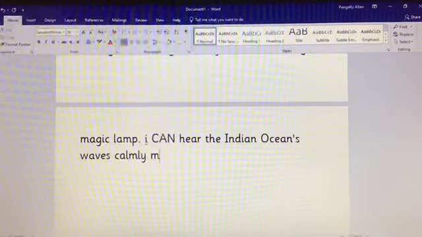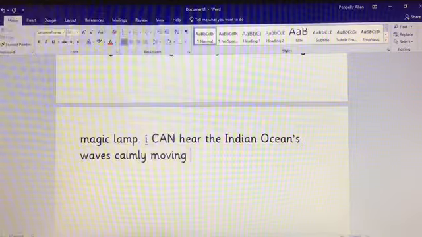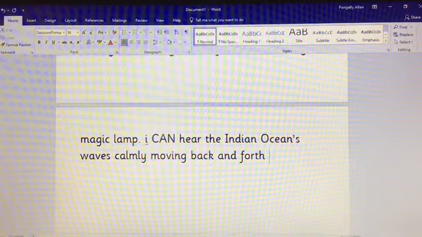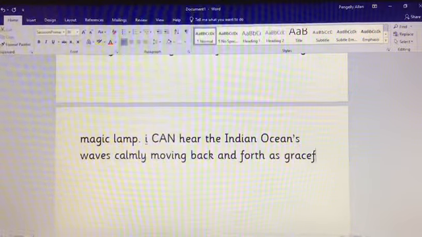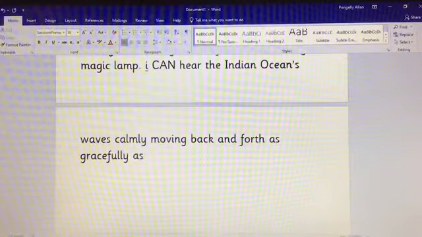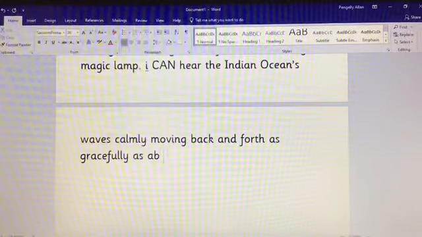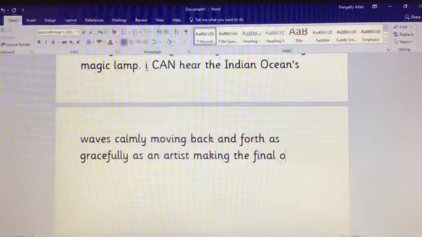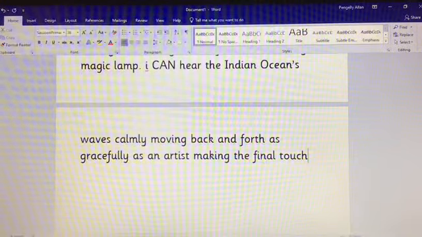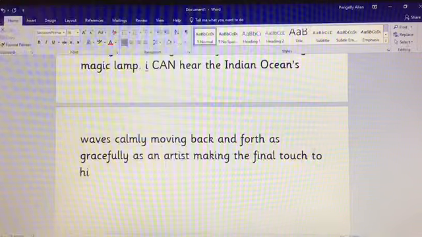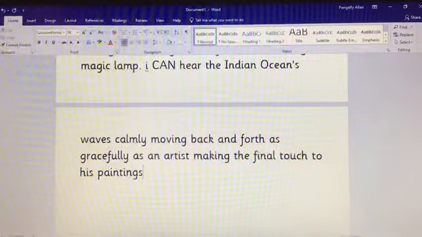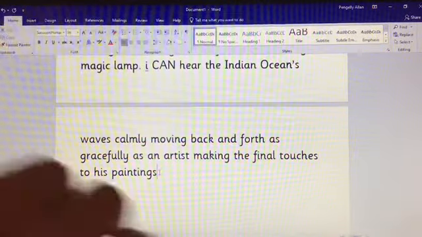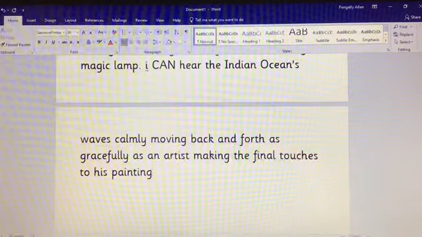Calmly moving back and forth as gracefully as an artist. As an artist making the final touch to his paintings. I'm going to say actually the final touches, okay, to his painting. Okay, because it's just one painting he's doing.